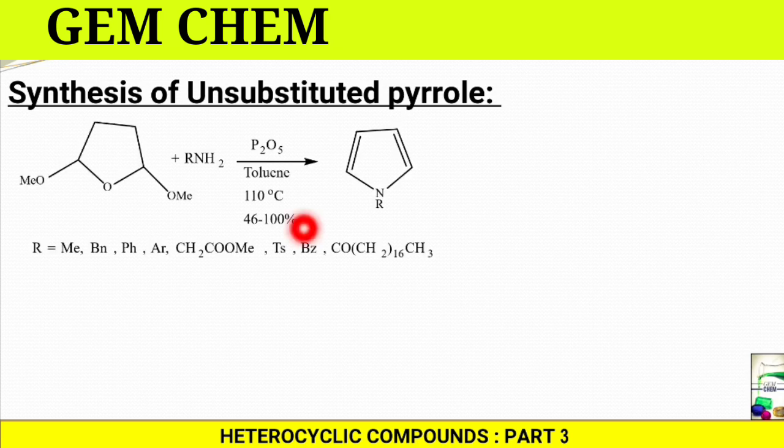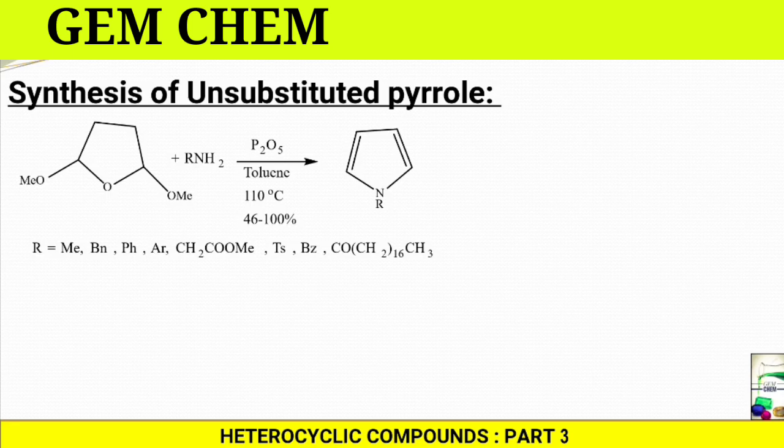So this is the synthesis where you can see that this is 2,5-dimethoxytetrahydrofuran, where we have added RNH2 in presence of P2O5 to obtain this part. Now R can be considered as methyl, butyl, benzyl, phenyl, aryl, CH2COMe, tosyl, as well as COCH2CH3. So many groups are possible to get substituted in NR.